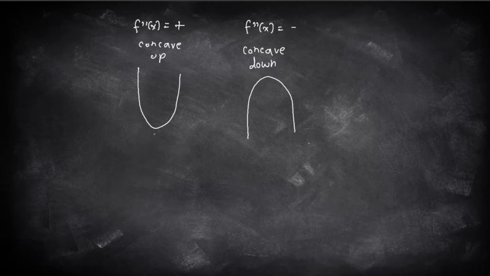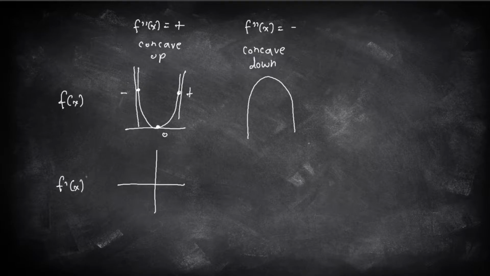The reason is that if we use the same logic as with maxes and mins, the derivative before the minimum is negative, the derivative at the minimum is 0, and the derivative after the minimum is positive. If we graph this, this is our original function, and this is our derivative: negative, 0, and positive.